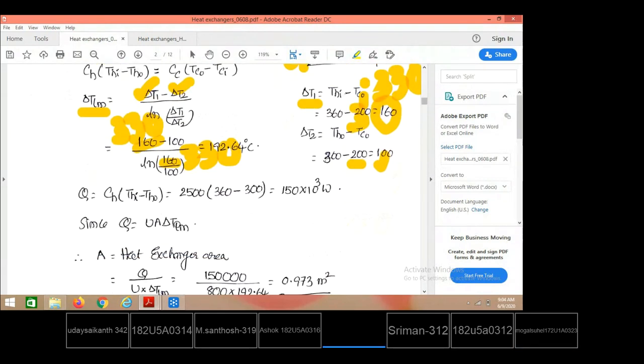To estimate the heat exchanger area, we must use the equation Q equal to UA into delta TLM. Delta TLM was just now calculated, and its value is 192.64. The overall heat transfer coefficient is already given in the problem as 800 watt per meter square Kelvin.